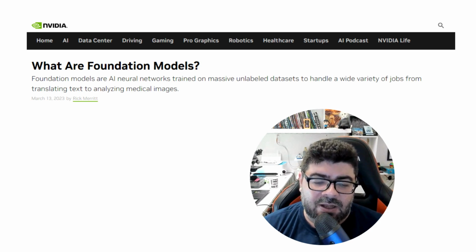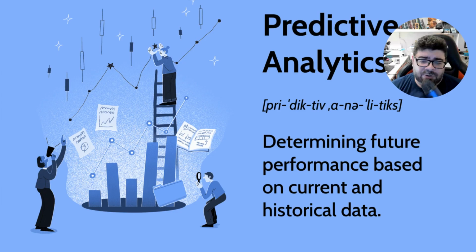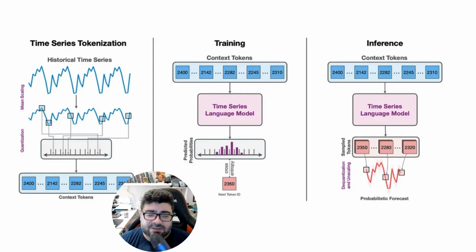Foundation models are trained with massive unlabeled data to handle a wide variety of jobs, from translating texts to analyzing medical images. So today you're going to use this kind of model for predictive analytics, to predict the future with time series data. For this, you're going to use time series tokenization. In this context, time series are used like text.